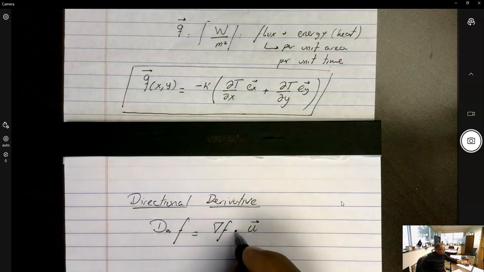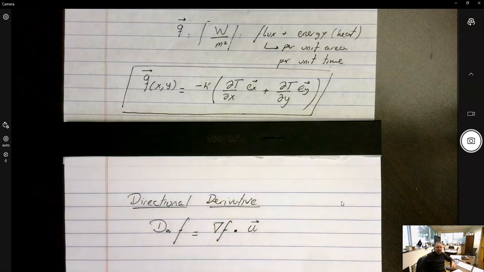This dot right here is called the dot product or the scalar product, and it's called that because when you take the product of two vectors in this form, you end up with a scalar. We know that the gradient of a function is a vector, and we know that this unit vector is a vector. When we take the dot product of the two, we end up with a scalar.